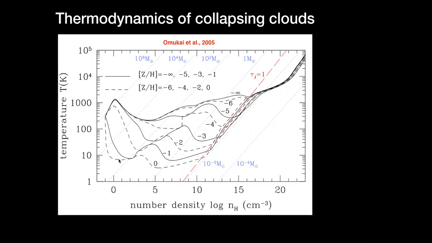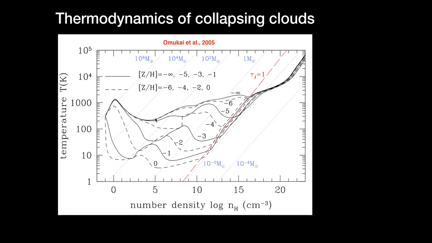If we compare the two extreme cases, this is the present day star formation case, where the metallicity is fairly high. And over here at the top, you observe another curve, a solid line, which represents the primordial star formation, where the metals are not there, the dust is almost not there. So you expect that the thermodynamical evolution is happening in a sense that the temperature is not really dropping below around 200 Kelvin.